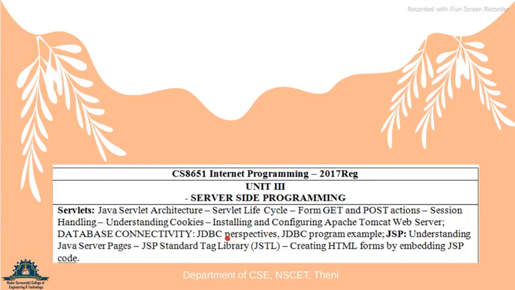Until this, we have completed JDBC with the JDBC programs, and what we are going to learn now is what is meant by JSP, how a Java Server Page has to be created. The next thing is the JSP standard tag libraries, and how you have to connect your HTML program with your JSP coding. So these 3 topics we are going to discuss from today.